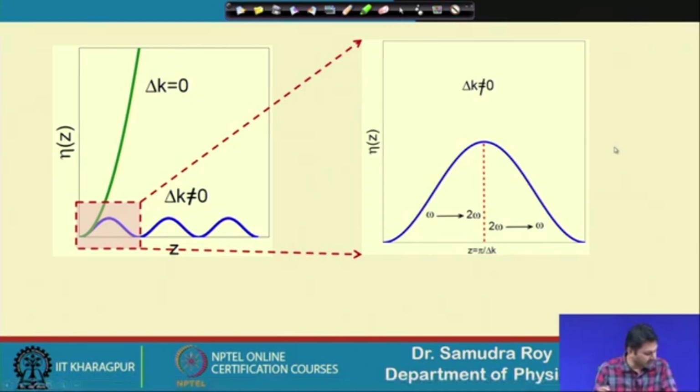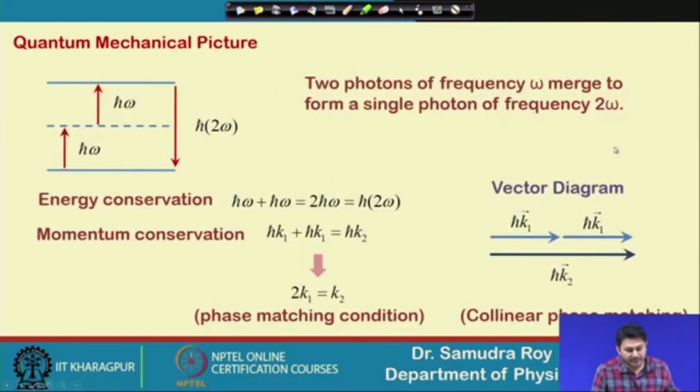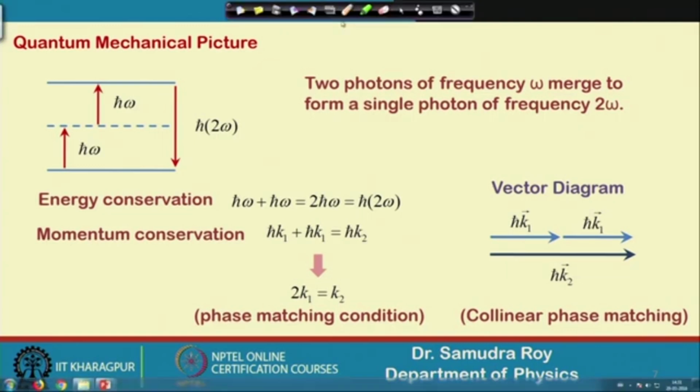Okay. After that, we have the quantum mechanical picture of the entire system, which is important. So, we know that in second harmonic generation, from omega frequency we are getting 2 omega frequency. So, that means from energy conservation, this is the photon picture, 2 photons can merge to generate 1 photon of frequency 2 omega.